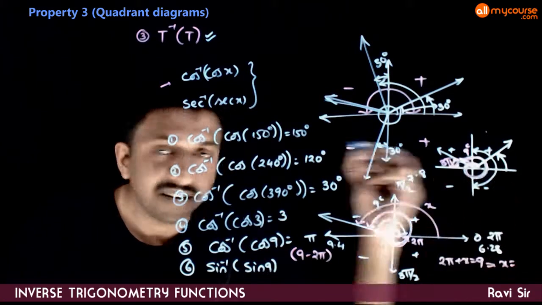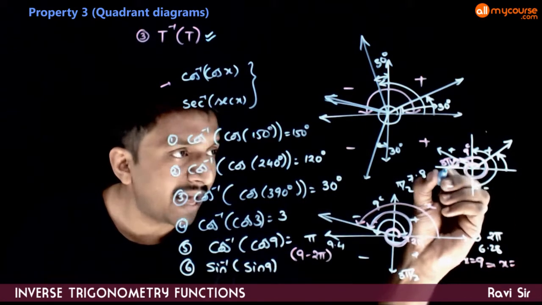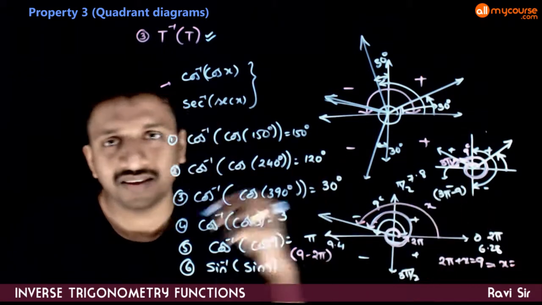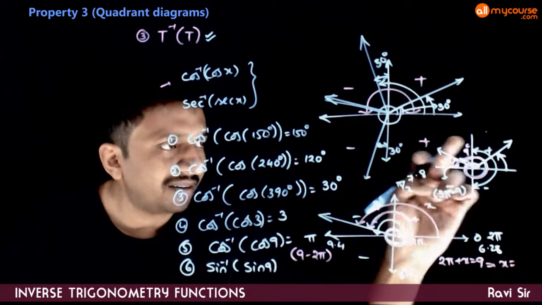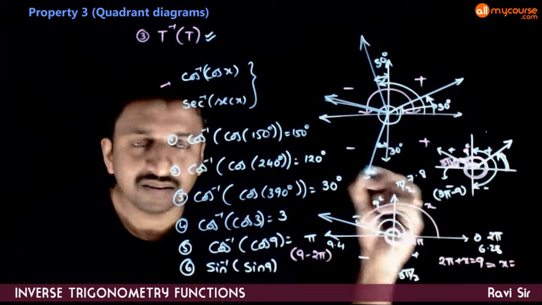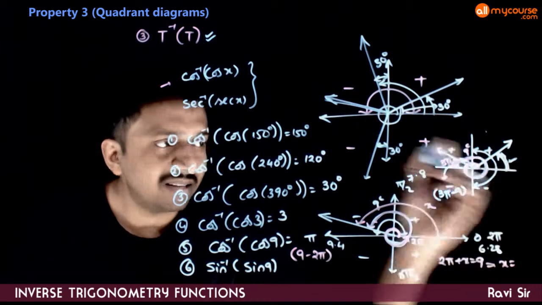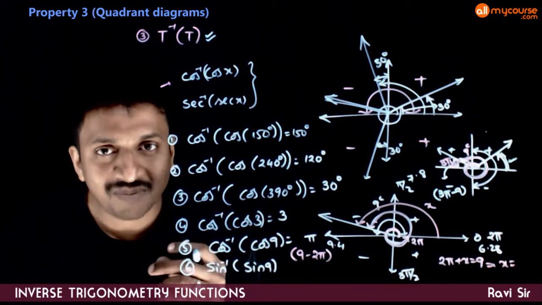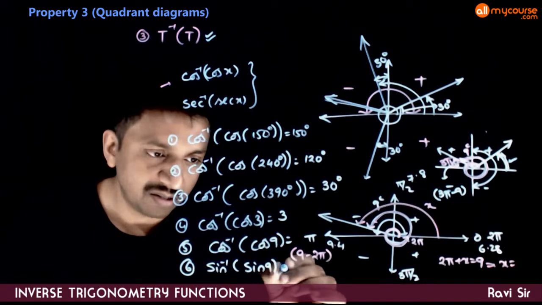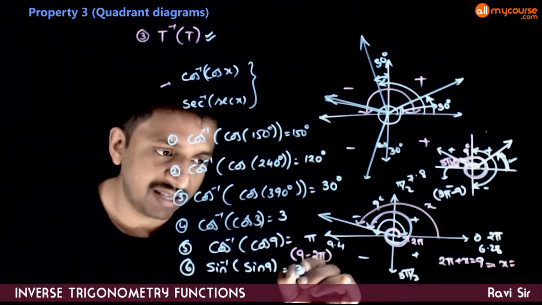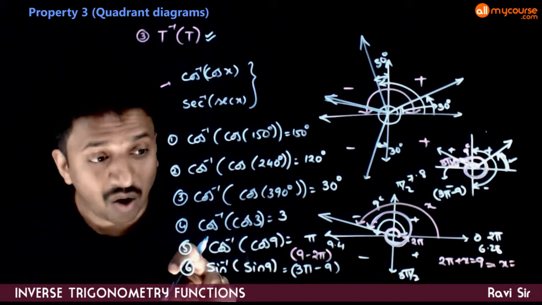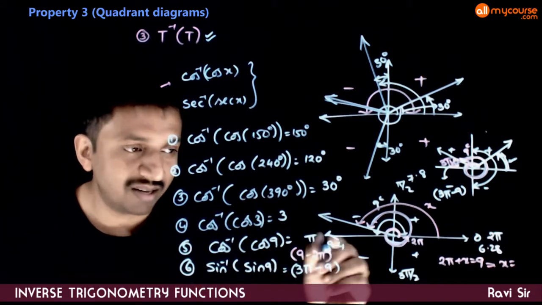Angle till here is 9 radians. So this small angle is nothing but 3 pi minus 9. On reflection, whatever this angle is will get reflected here. So this angle is also equal to 3 pi minus 9. That will be the answer to this question. So sin inverse of sin 9 is 3 pi minus 9. Cos inverse of cos 9 is 9 minus 2 pi.